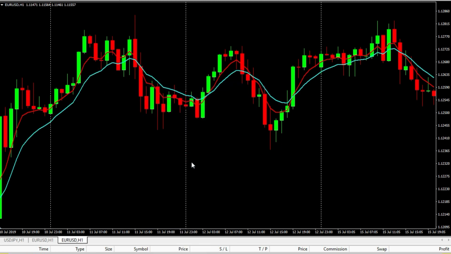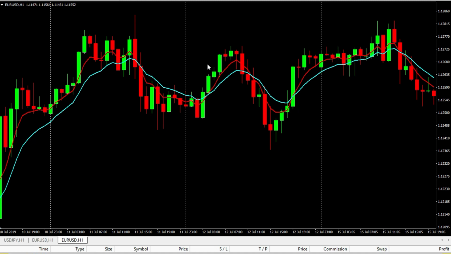The strategy was, when we see the red moving average cross the blue one and go below it, that's where we enter the market as short. When the red one goes above the blue, we enter the market long.